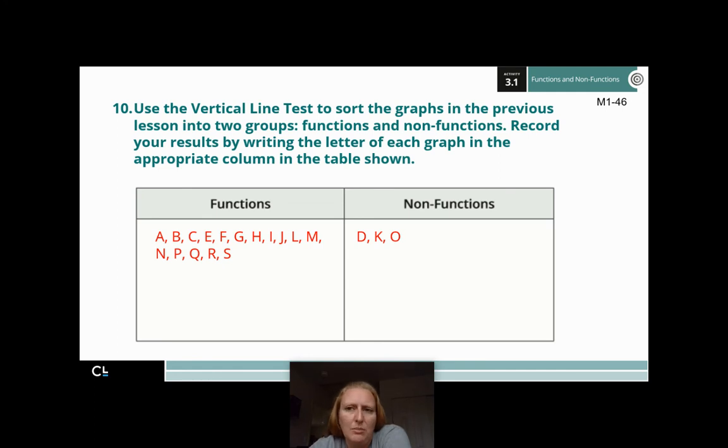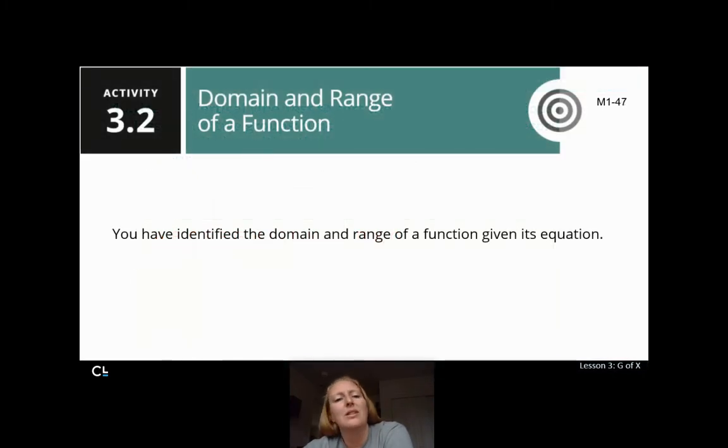So let's talk a little bit more now about domain and range. You're going to want to, again, hang on to these graphs, especially that pile of graphs that are all functions. Hang on to those. You want those, okay? I'm just saying. As we move into the next activity, 3.2 on page M147. So you've identified domain and range of a function given its equation.